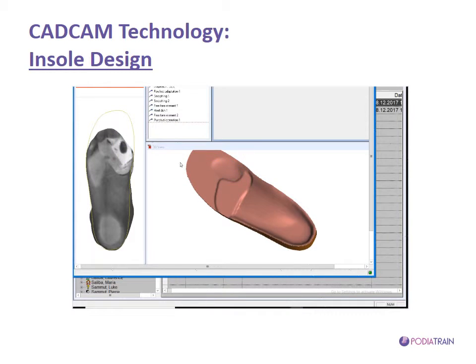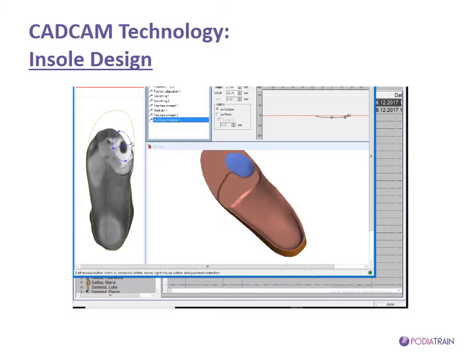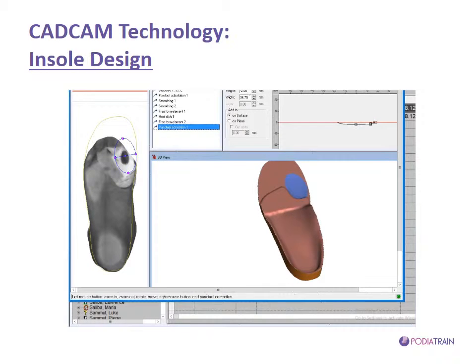Okay, so as we can see, the area where there is the ulcer is now indented. Also, I made sure, because if you recall, the patient had quite wide fitting shoes and they were quite loose, so the foot was sliding forward. I made quite sure that the area in front of the ulcer was also covered by this indentation.